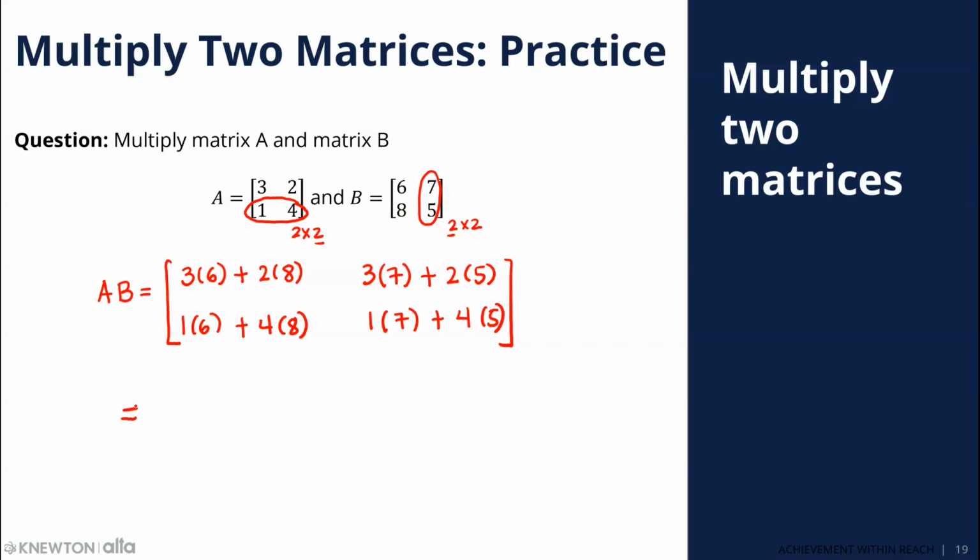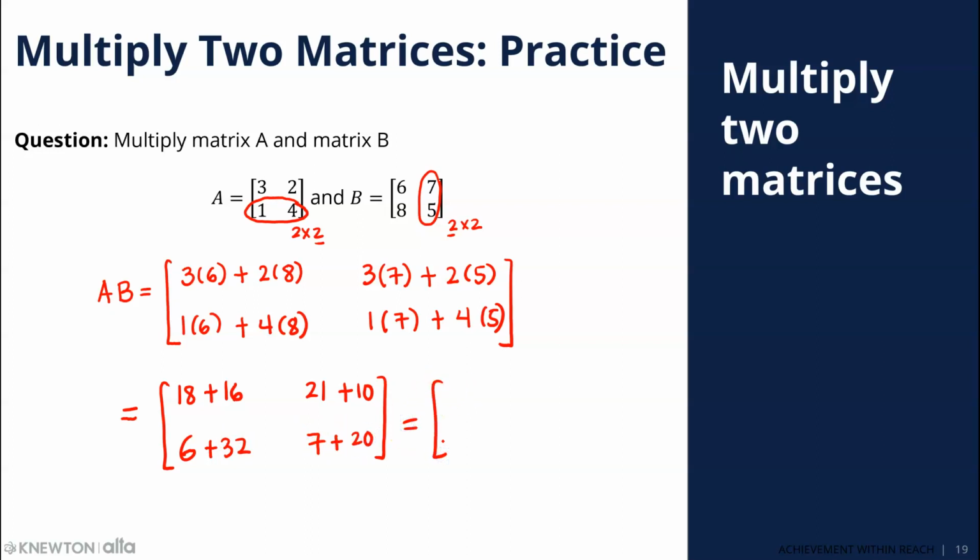So you get the products and add them. So you have 18 plus 16, and then 21 plus 10, and then 6 plus 32, and 7 times 20 is 20. Then simplify it.